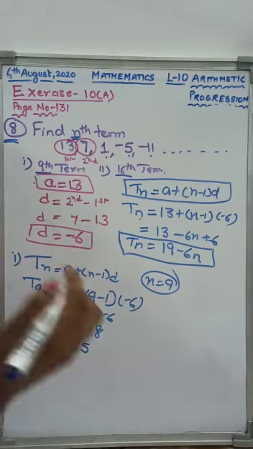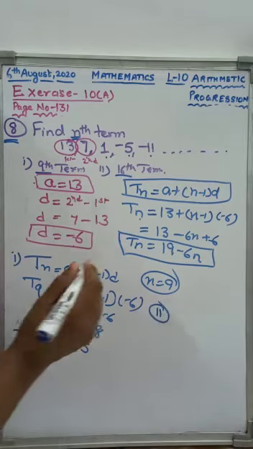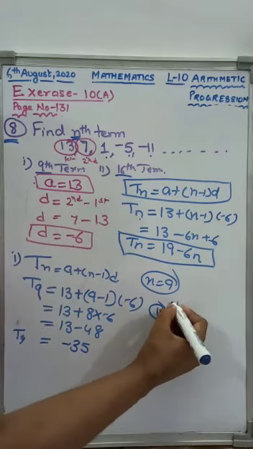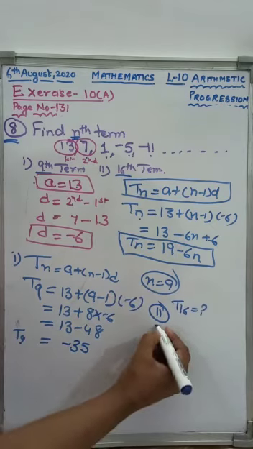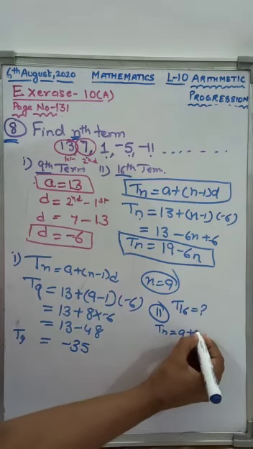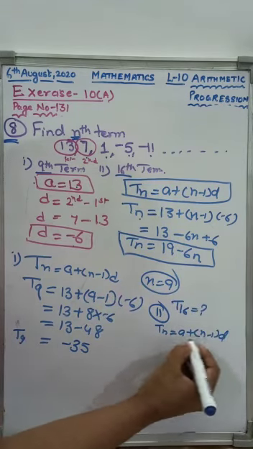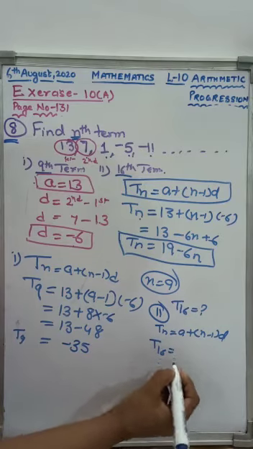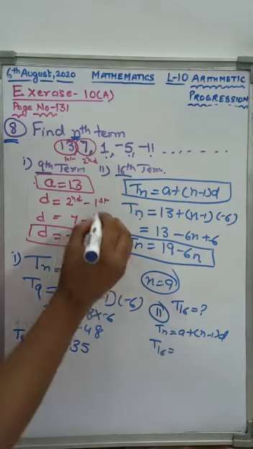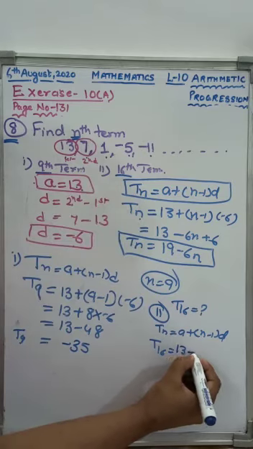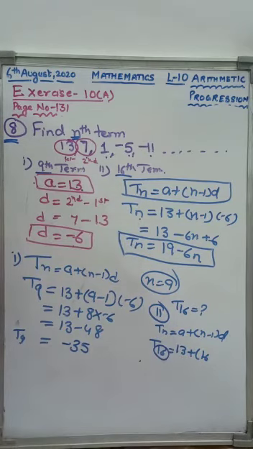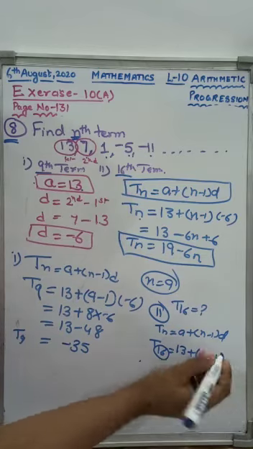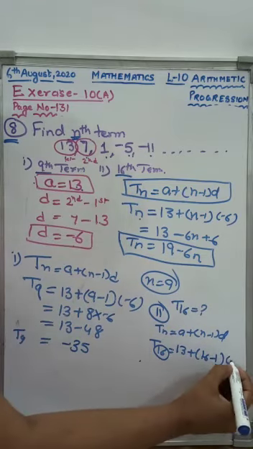Now in the second part we have to find out the 16th term. We have to find the 16th term. So again same general formula, a plus n minus 1 into d. Here you have to find the 16th term. A is again 13, you will substitute. N is 16. So 16 minus 1, d is your minus 6.